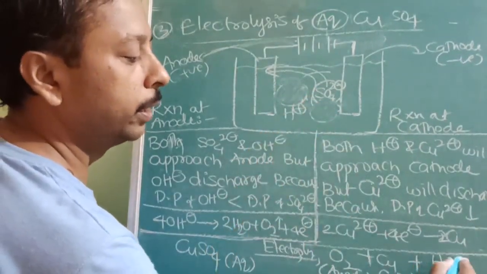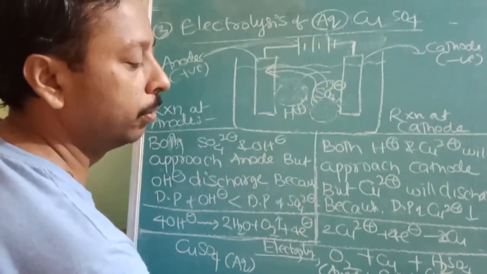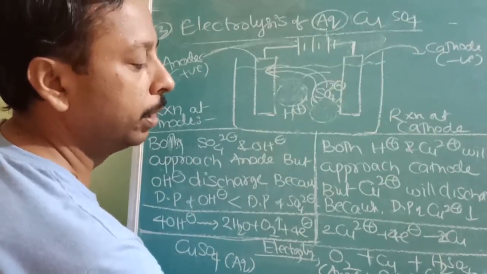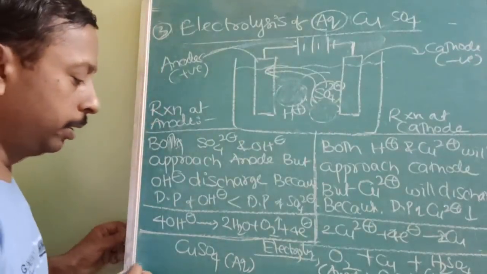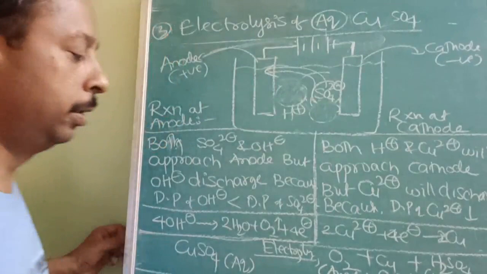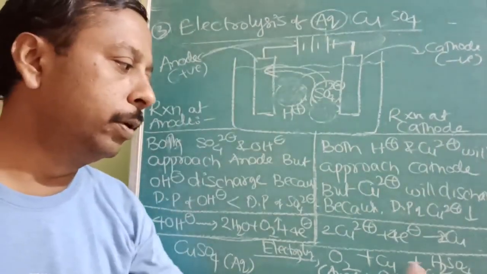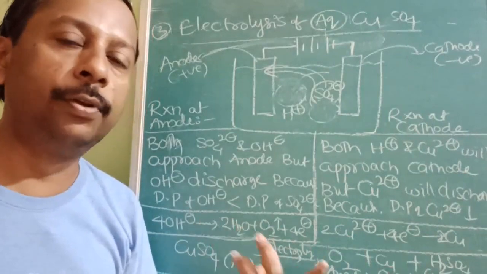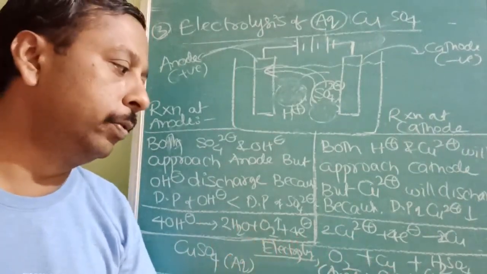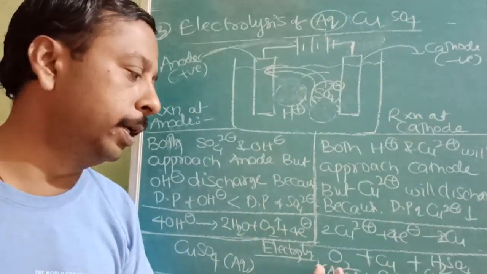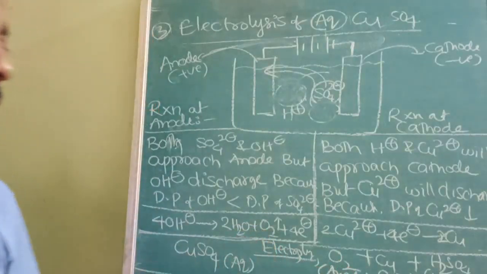So you have to write a compound as an electrolyte. That means this is a preparation method of sulfuric acid. If you electrolyze copper sulfate, you are going to get sulfuric acid, with byproducts copper and oxygen. Note down this.